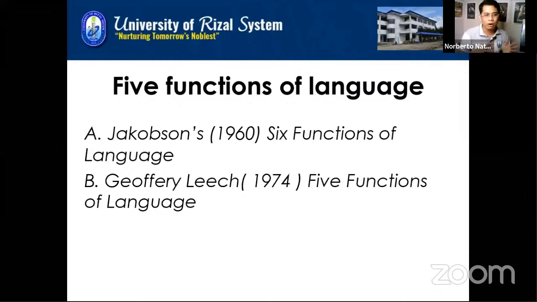Actually, there are many linguists who propose different functions of language, but for the introduction to the functions of language, we'll be focusing just on Roman Jakobson and Jeffrey Leech. So let's see how they differ and how they are similar in terms of the different functions that we will be enumerating for this afternoon.